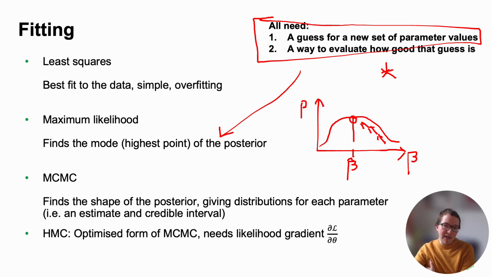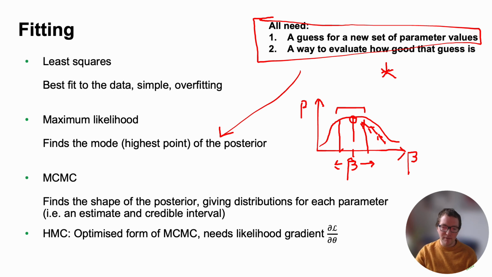A slightly better way statistically of doing this is MCMC. This samples the posterior. So it doesn't just try to find the highest point, it also tries to find the whole shape, so you get this whole distribution. This is useful because I can also take the 95% credible interval here, so I can get an error estimate on the parameters.